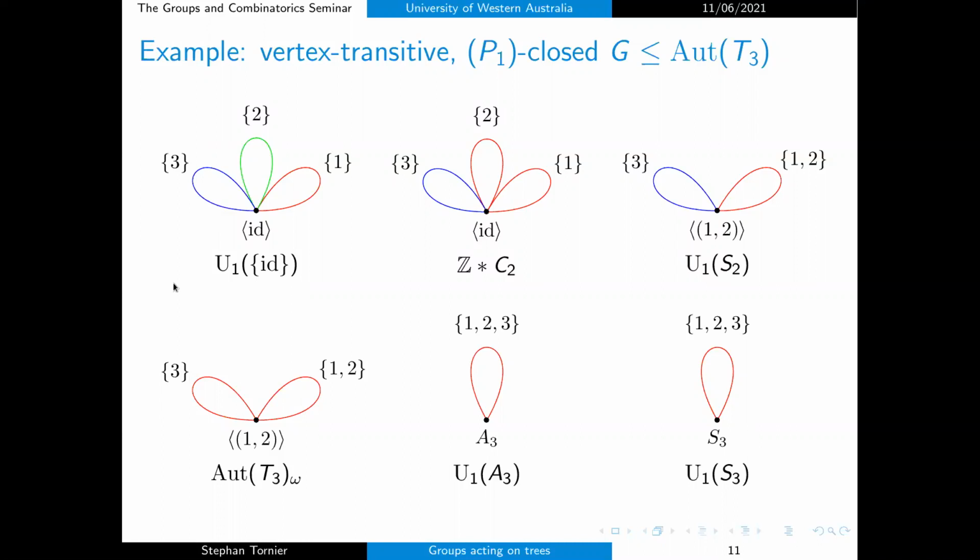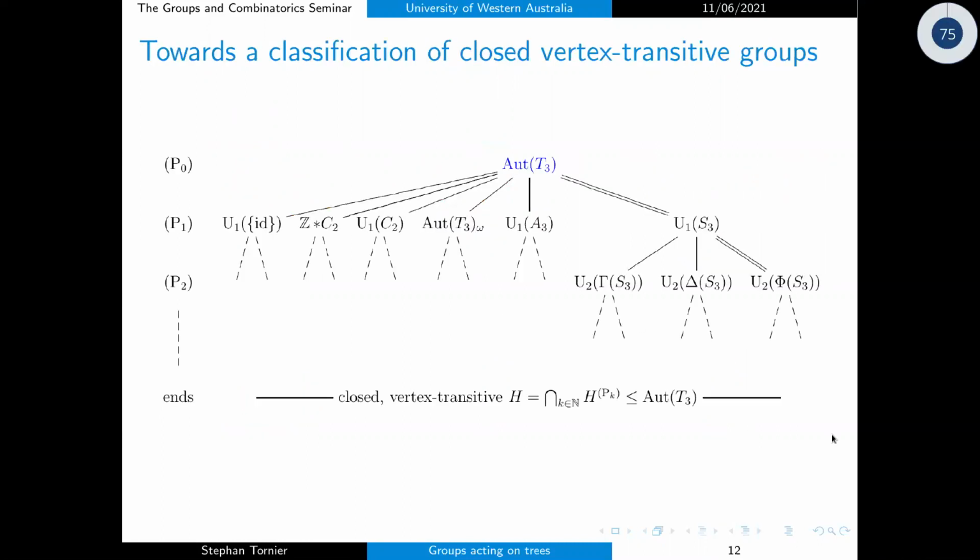You're pointing at my last slide that I have omitted. The strategy for my project is to take these two constructions that we've seen, of UK universal groups and P1 closed groups, and combine them into a classification of all vertex-transitive groups acting on the tree. I start with the 0 closed groups. At the top, there's only one, the whole group. Then I take all the 1 closed groups, which are classified by Colin and Simon.